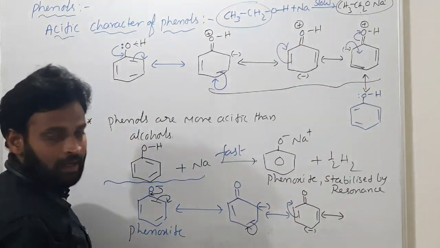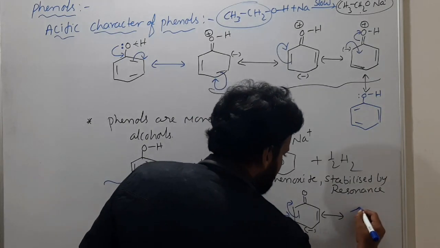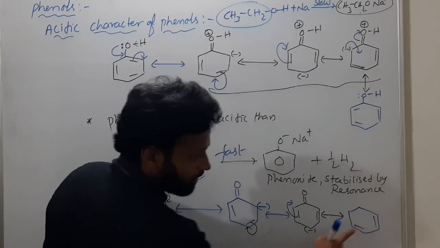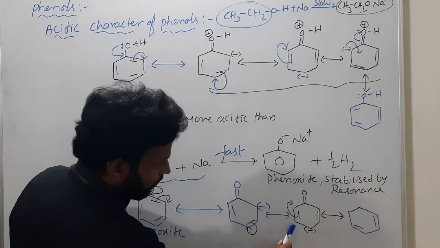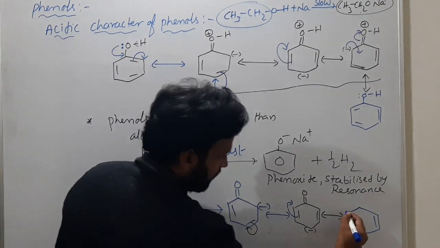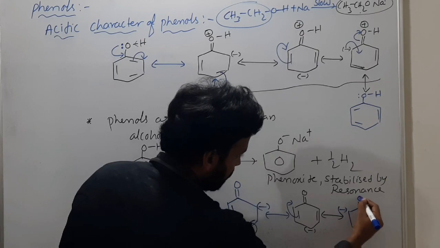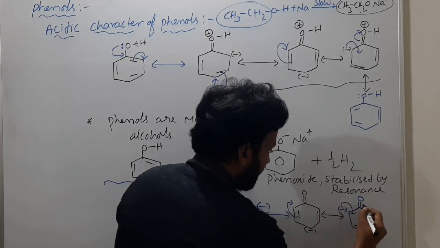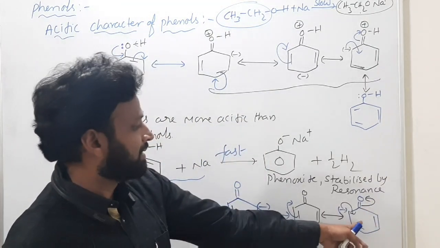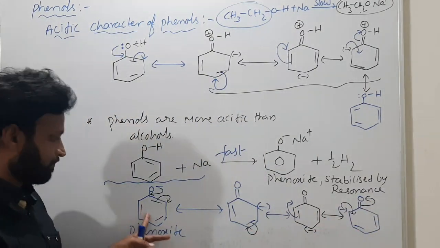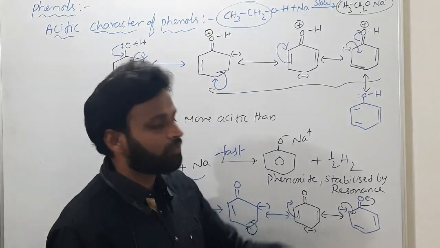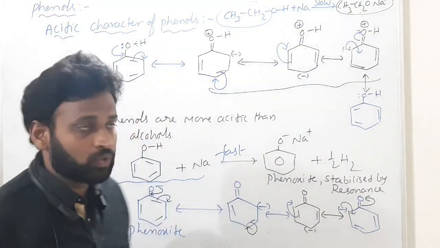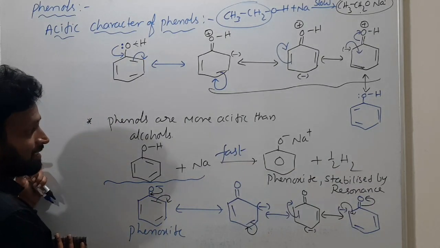Then you will have a structure like this, double bond here and a new pi bond here. I am showing how the new pi bond is formed. Here positive and here negative, and here negative charge and double bond. And the original structure retains negative charge on oxygen. Phenoxide ion we will have again. So phenols are more acidic due to these resonating structures.